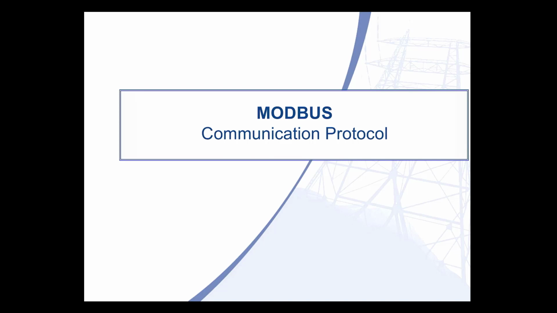Nowadays, Modbus is open source, which means as a user of Modbus, you could tweak the protocol, come up with your own function codes, your own data types, your own addresses, and so on, and use Modbus for your own specific functionality.